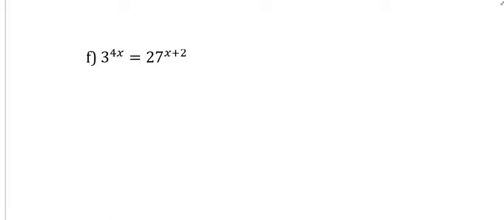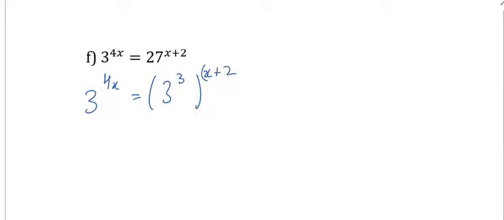You're on the right track. It's that idea. 3. So I can turn a 27 into a 3. So I'm going to leave the left side alone. And I'm going to do this to the x plus 2. 3 to the what gives me 27? 3. So this one's 3 cubed.